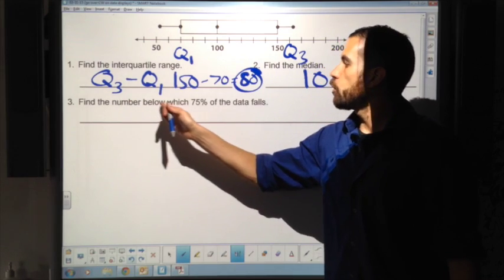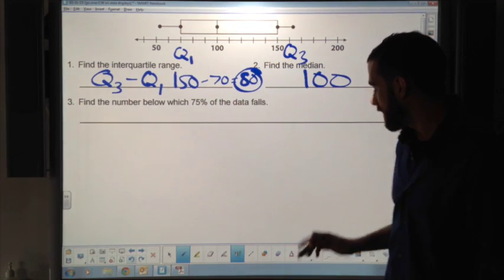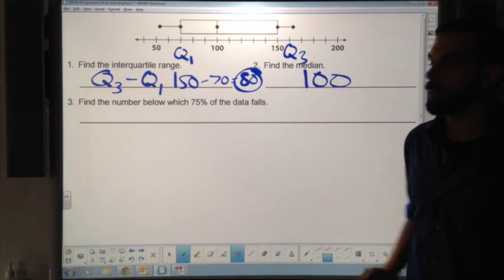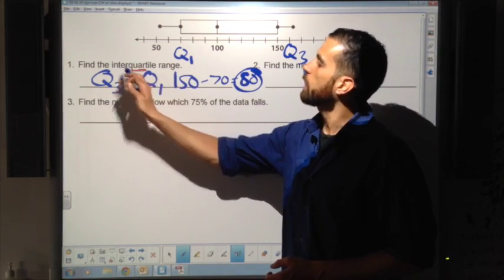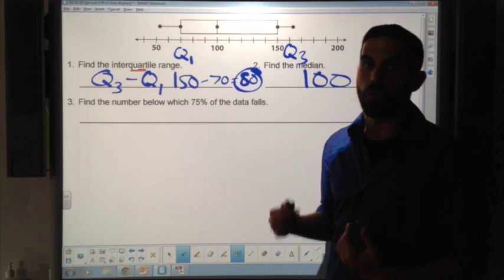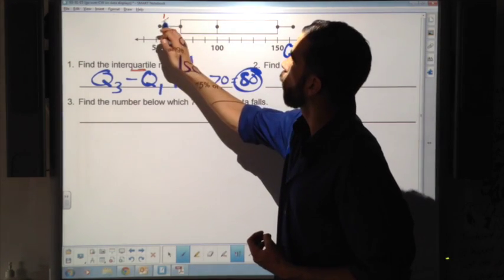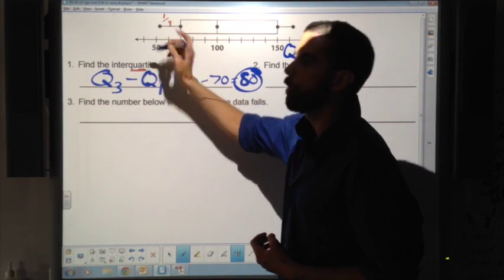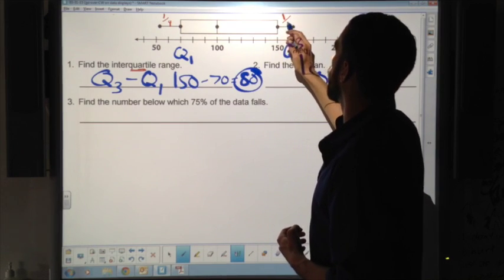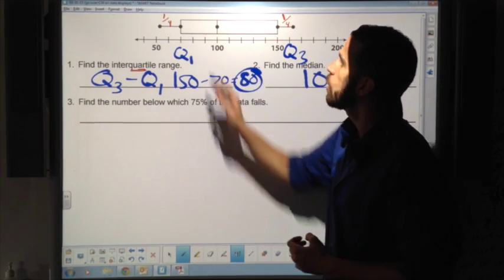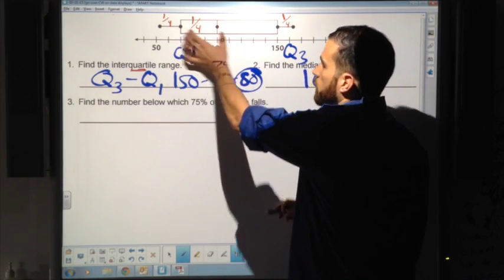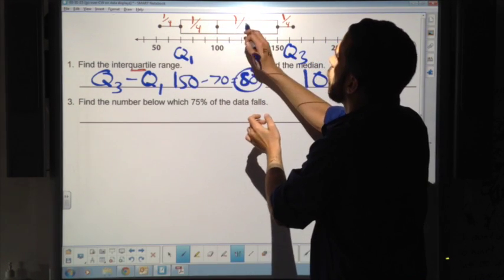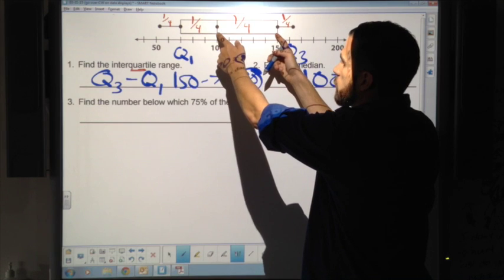Find the number below which 75% of the data falls. That is also very simple. Remember, the word quartile has a prefix, quart, meaning 1/4. 1/4 of your data is below the box. 1/4 of your data is above the box. 1/4 of your data is the lower part of the box, and then the other 1/4 is the upper part of the box.